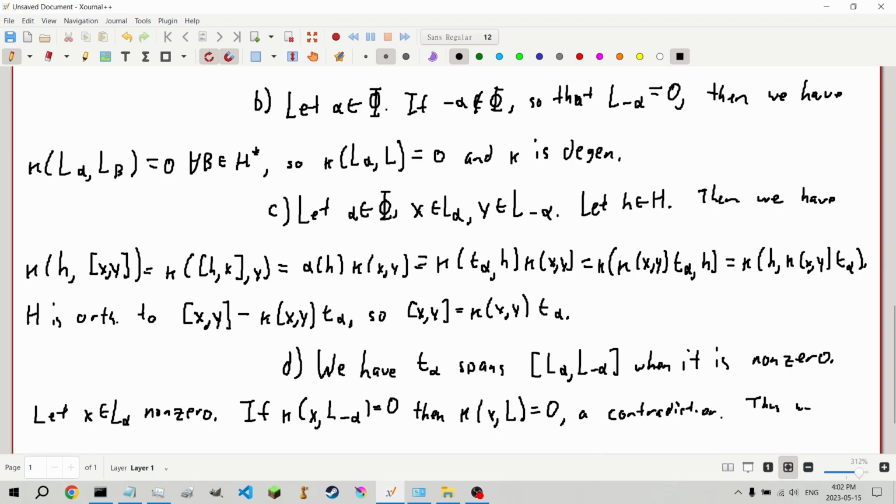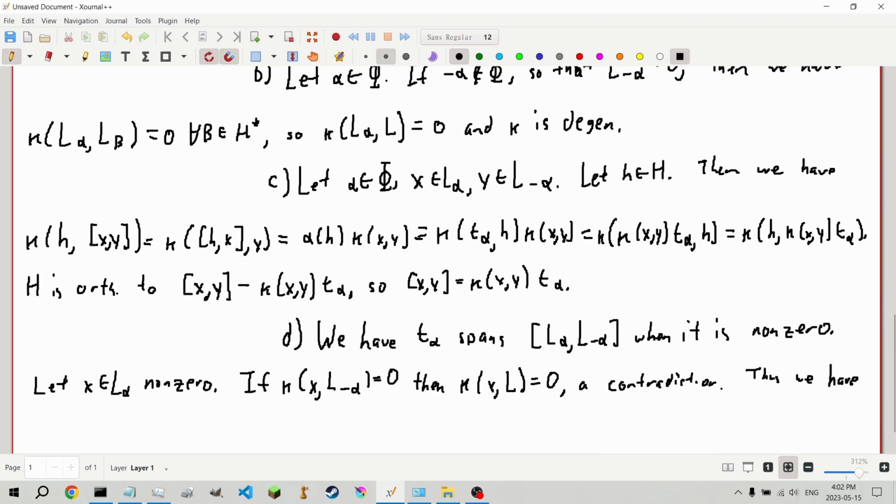Thus, we have a non-zero y in L minus alpha, which I will write as with k of x and y being non-zero. From C, this gives that the bracket of x and y is non-zero.